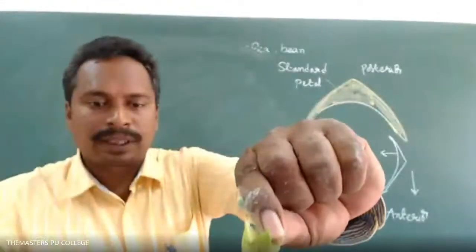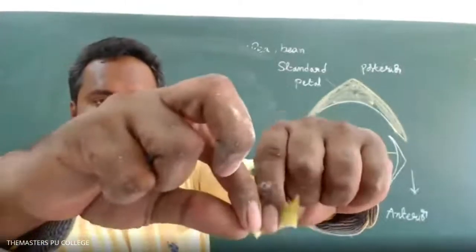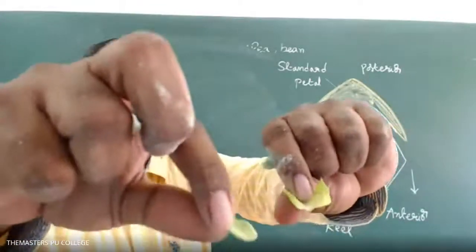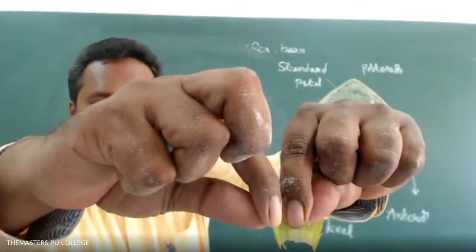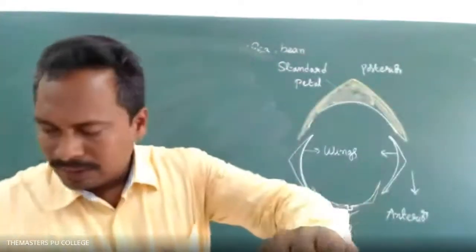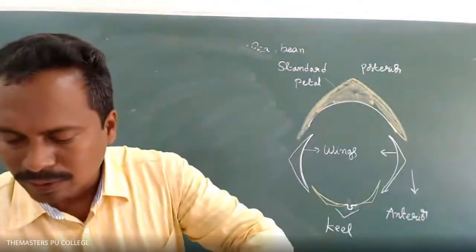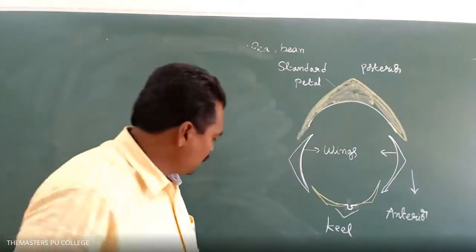The segments of the calyx are known as sepals. Sir, gamosepalous? Sepals are fused, right? Next is the second whorl of the flower, the corolla.